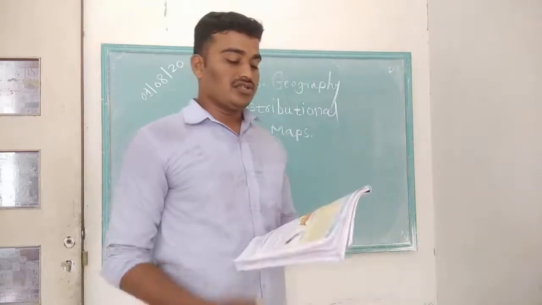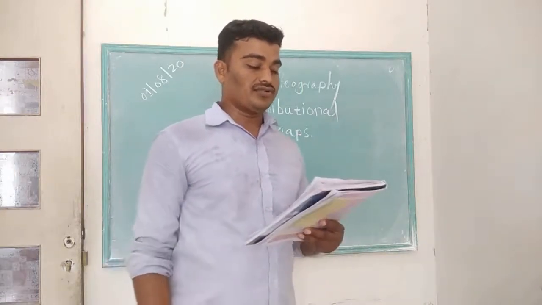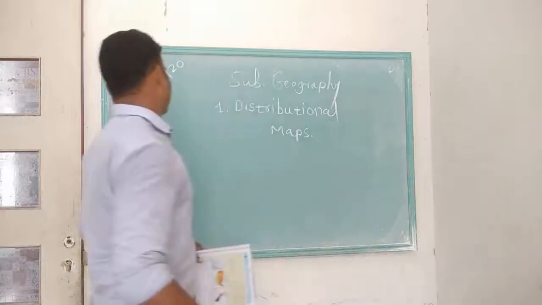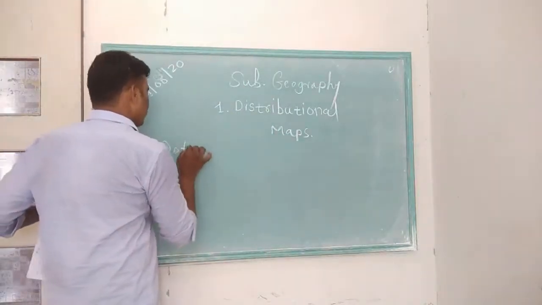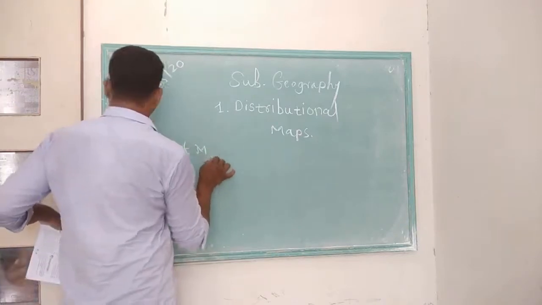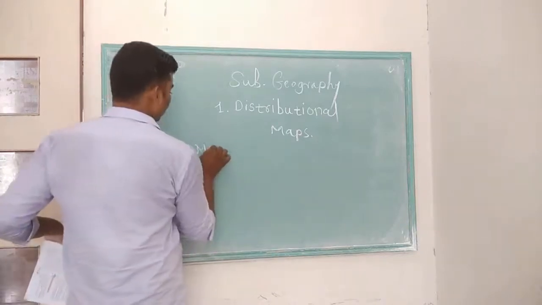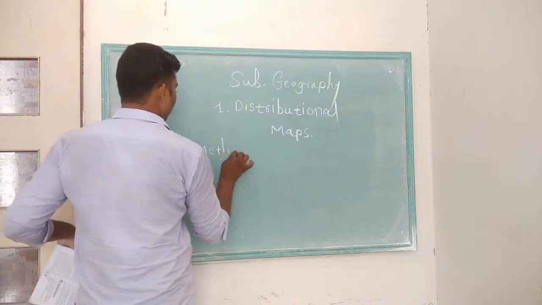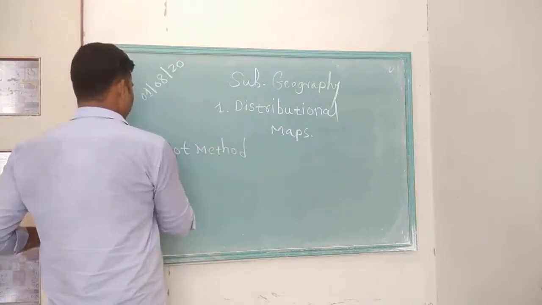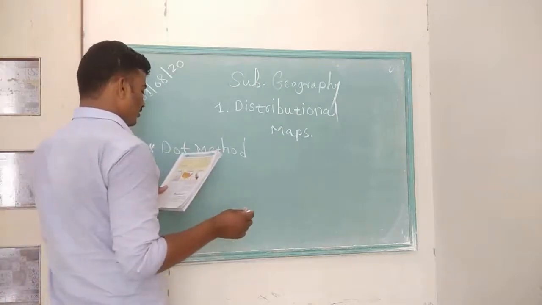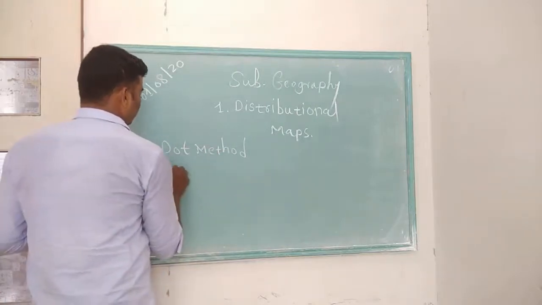Which three ways are we going to see? Three methods are there. First one is the dot method. Second one, we are going to see the choropleth method.